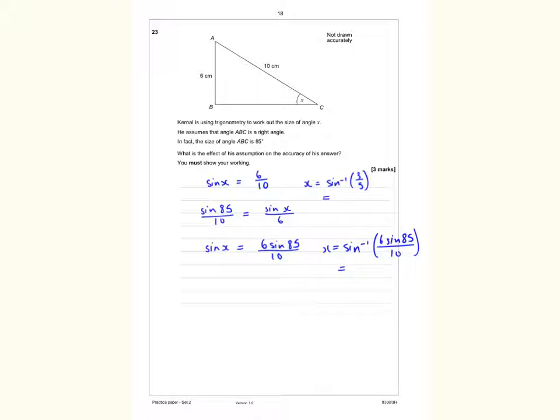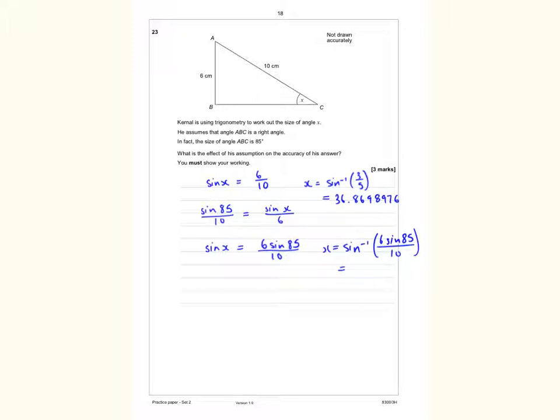So inverse sine of 3/5. That's going to give us 36.86986. Okay, and I've just rounded it there.